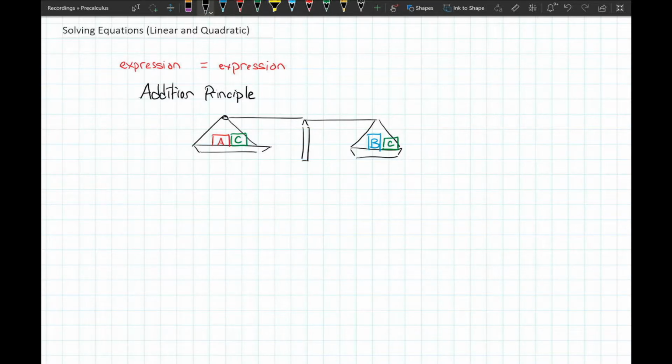The addition principle says that if we have A equal to B, then we can add C to both sides, where C is any real number. That means C could be negative or positive. And so if you make C negative, we can think of the principle of addition as basically subtracting something from both sides, so long as you do the same to both sides.